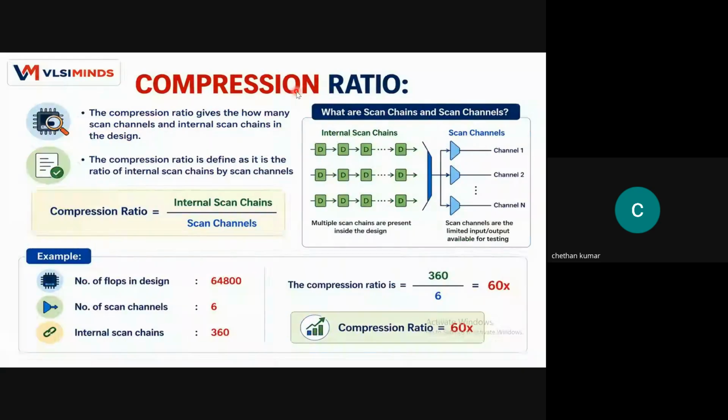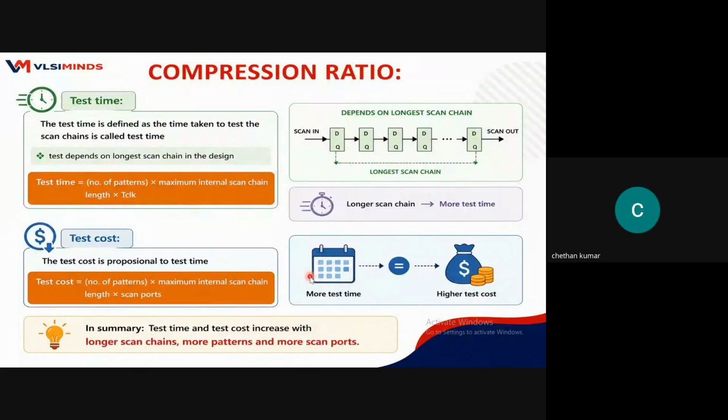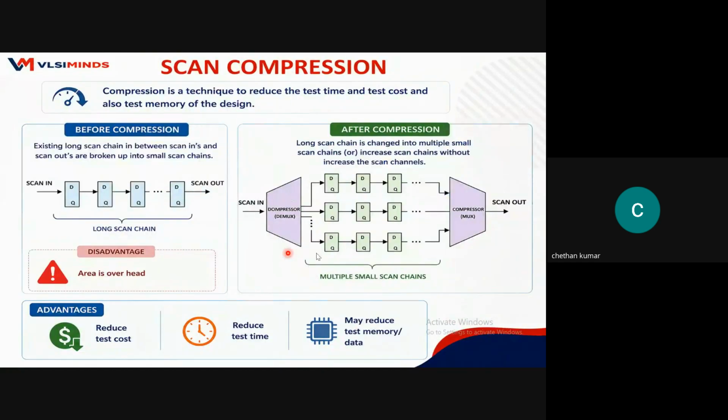Scan compression depends on one parameter called compression ratio. The customer will tell what the compression ratio should be for that particular design. Compression ratio is nothing but internal chains divided by external channels. Here, these are called internal chains, which are the scan chains.